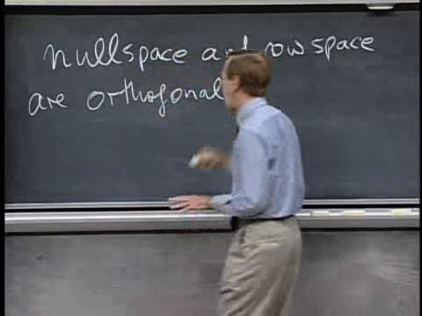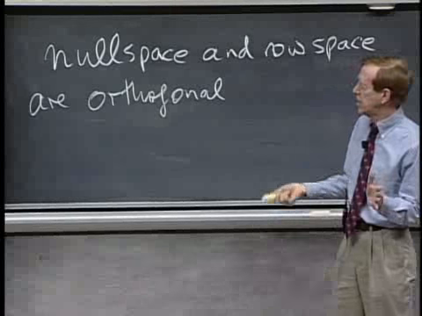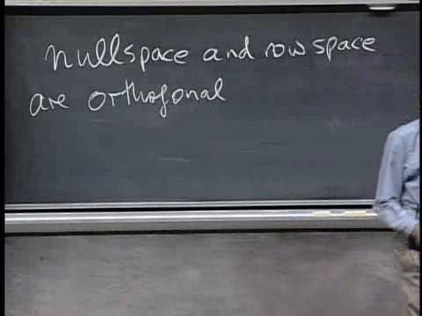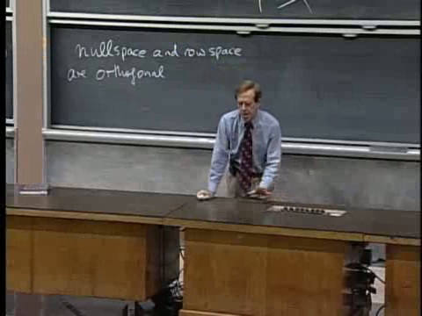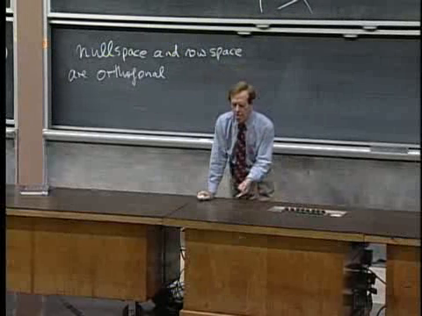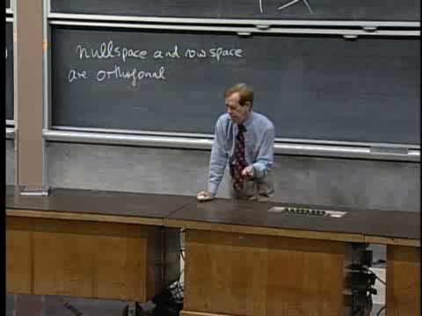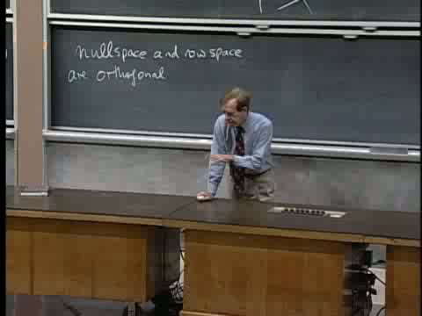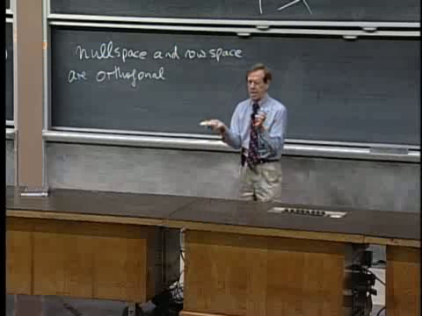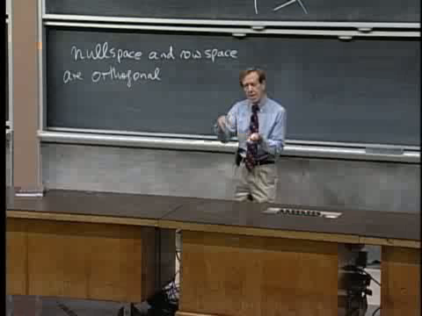That's this neat fact, which we just checked from Ax equals 0. But now I want to say more, because there's a little more that's true. Their dimensions add to the whole space. So that's like a little extra information.